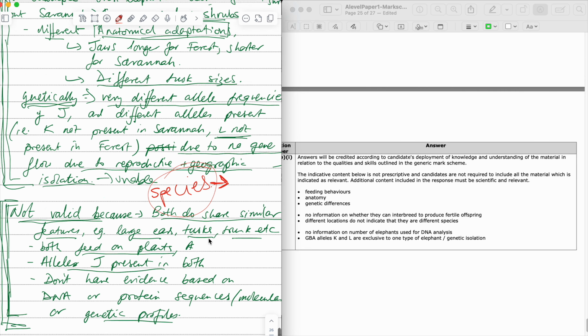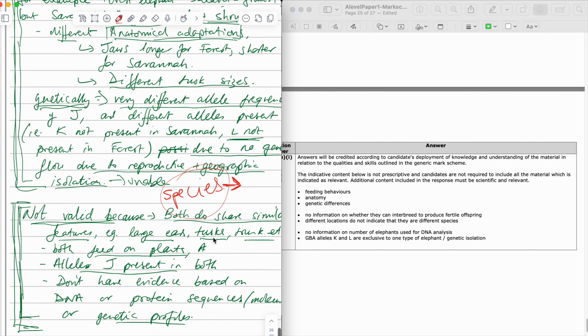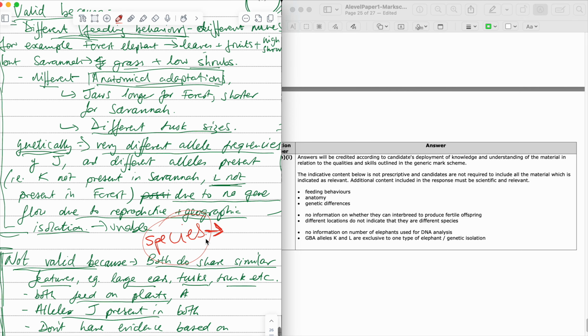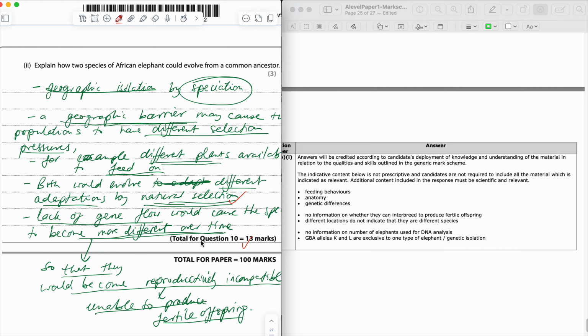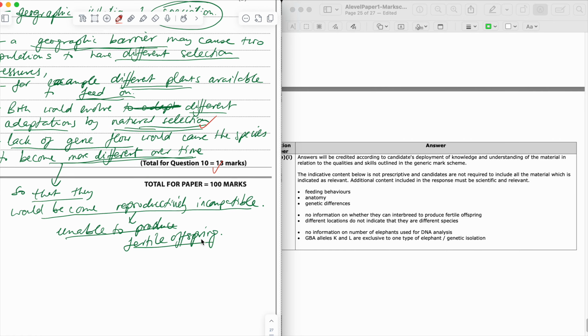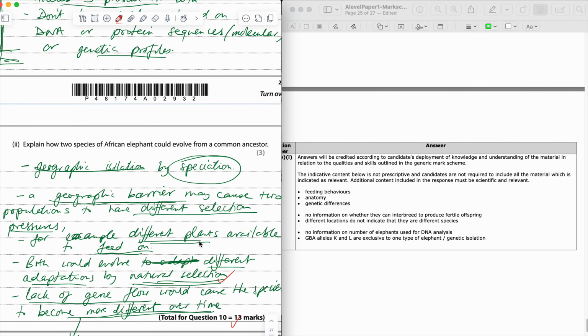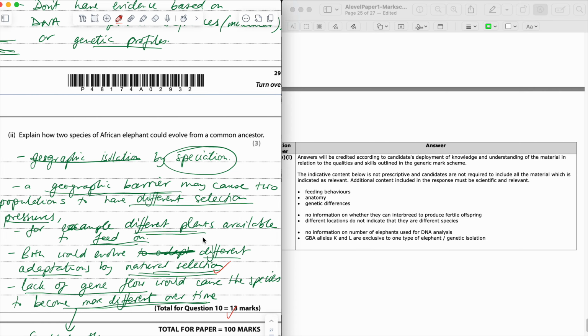But other than that, I was okay with this question. Mark scheme seems fine. It's pretty straightforward structure wise. And there we have that last question. And then we had a speciation question, which was okay. No surprises there. So that's the 2017 paper.